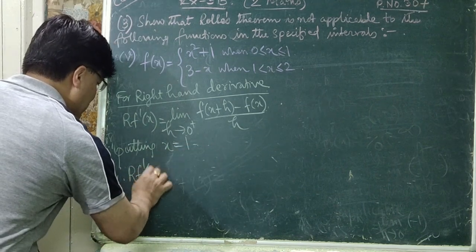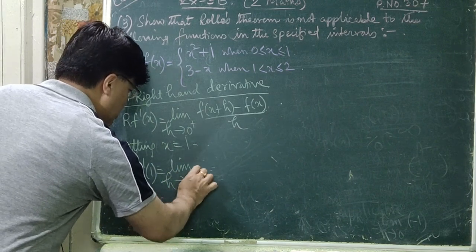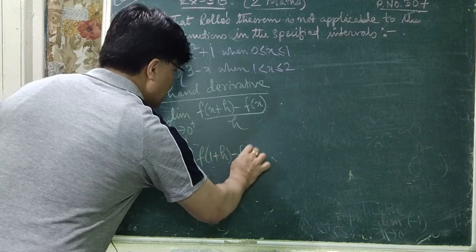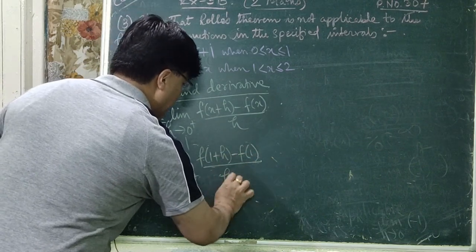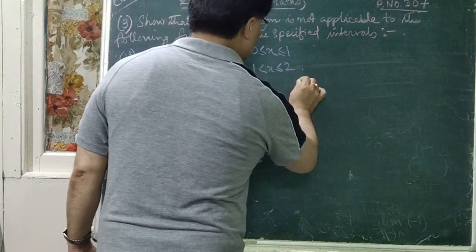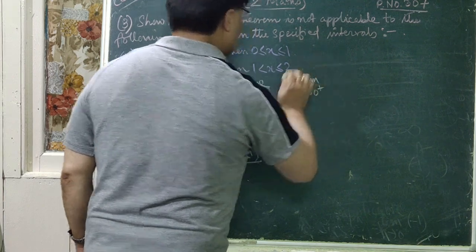Capital R f dash of 1 is equal to limit h tends to 0 plus f of 1 plus h minus f of 1 whole divided by h, right? So now which is equal to limit h tends to 0 plus.